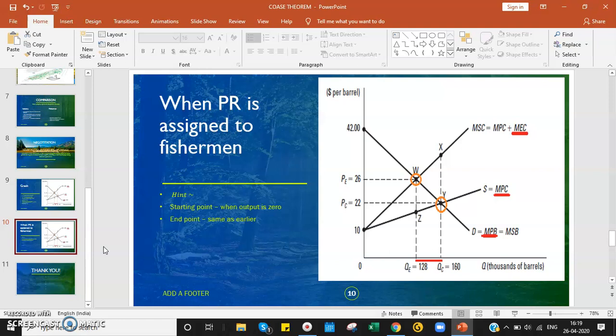However, the starting point of negotiation and the range of bargaining will be very different. The starting point of negotiation, for a hint's sake, will be when output is equal to 0, and the range of bargaining will continue till the point QE.